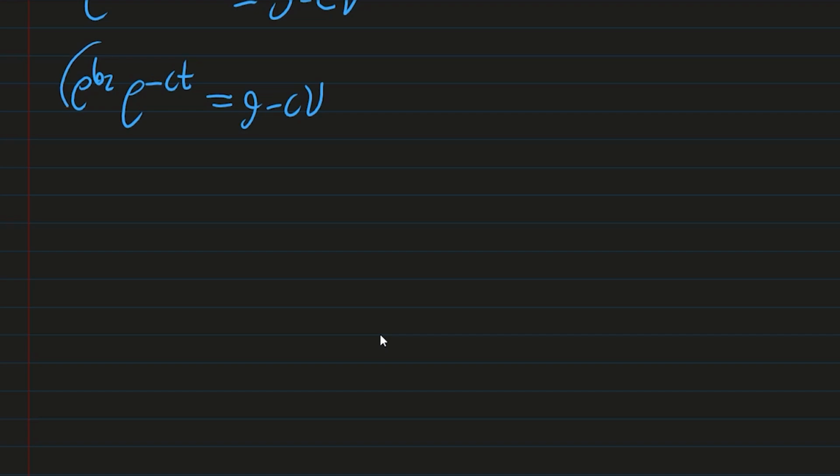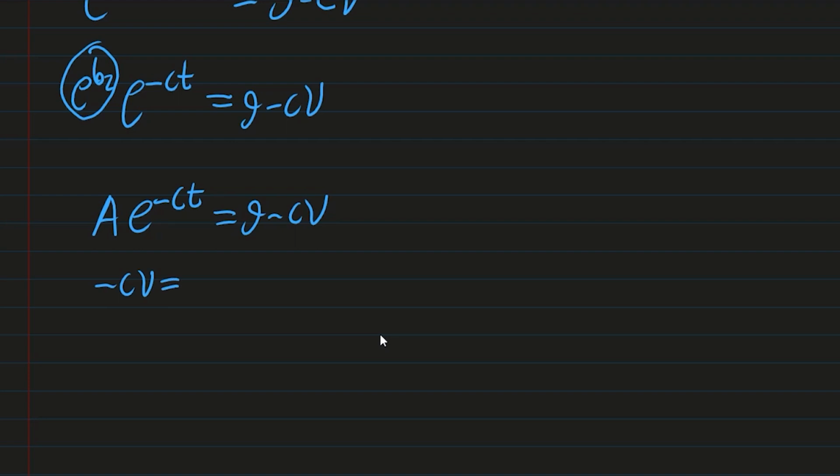Now this one here is just another constant, some number. I'm just going to call it a. So then a e to the negative c t is equal to g minus c times v.